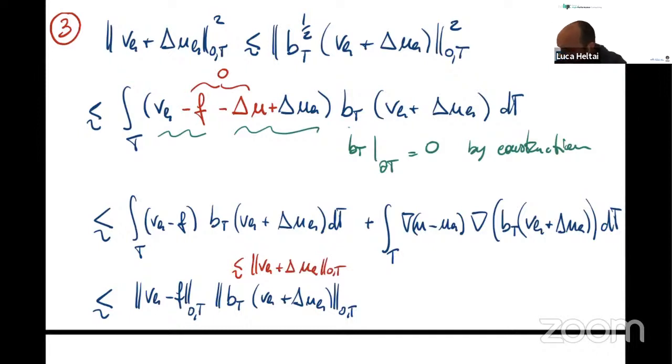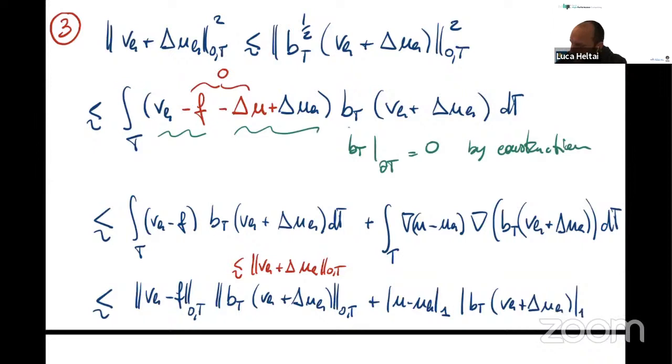So on the other side, what I get is semi-norm u minus uh 1. And again, here I write the semi-norm. So it's the L2 norm of the gradient, which is the semi-norm 1. And here I have the L2 norm of the gradients again, bt vh plus Laplacian of uh, 1.